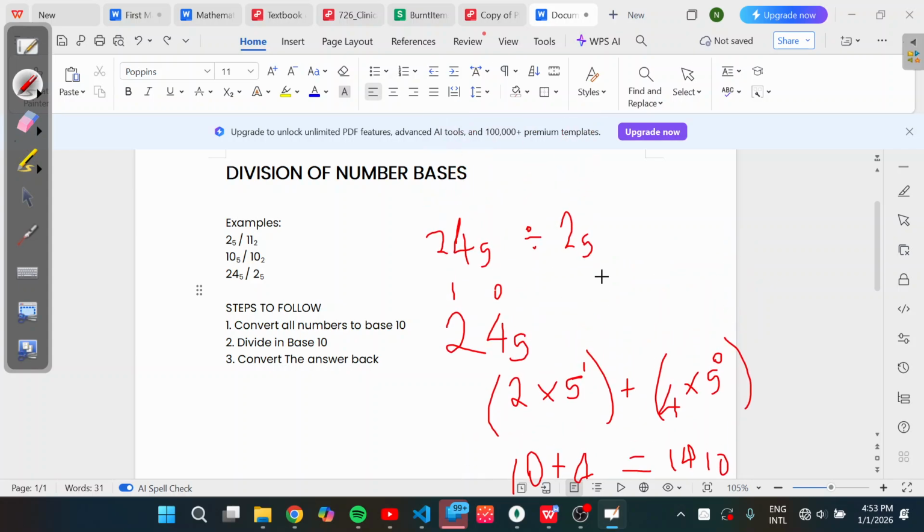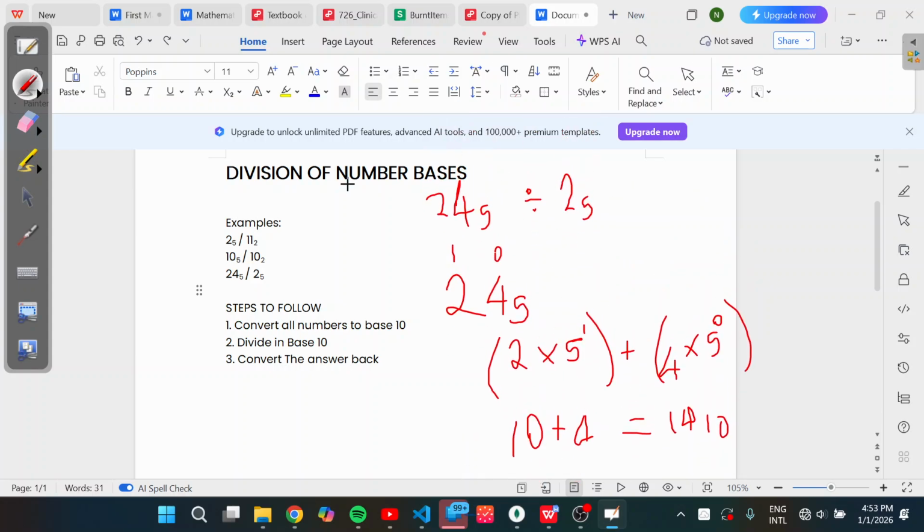So like before, we're going to write it somewhere, but with a different color. So 14 base 10 divided by, let's see what 2 base 5 will give us.